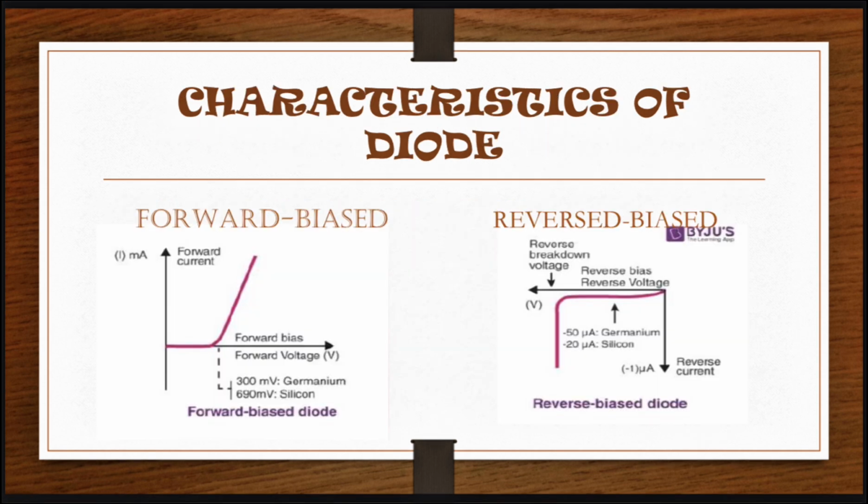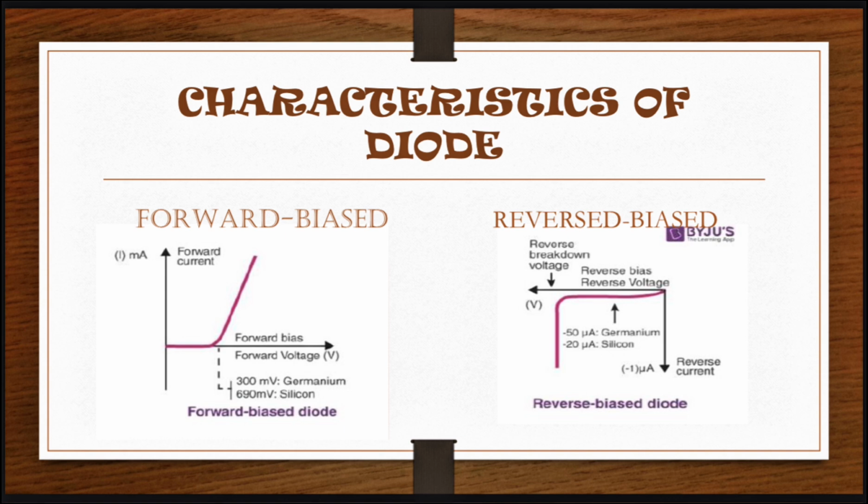Now, let's look at the characteristics of a diode. On the left side, we have the forward bias condition. In this case, as the forward voltage increases, current starts to flow and will increase rapidly after crossing a knee voltage, which is about 300 mV for germanium diodes and 690 mV for silicon diodes.